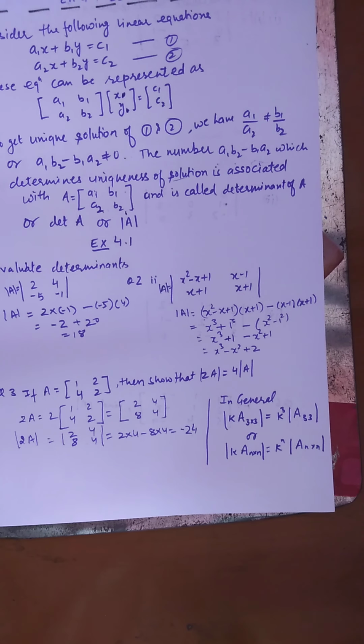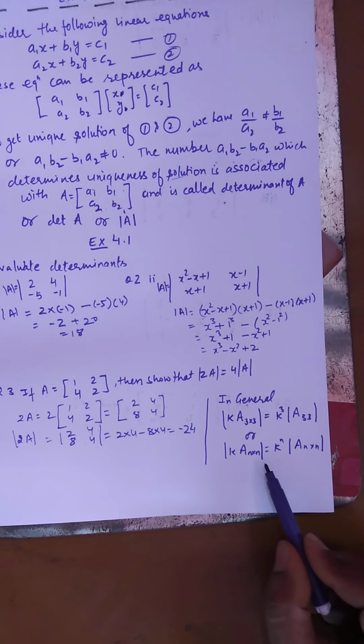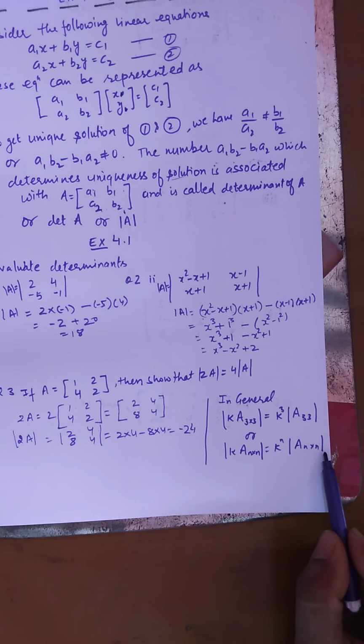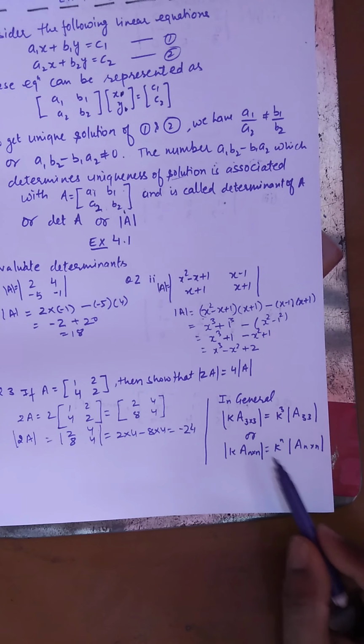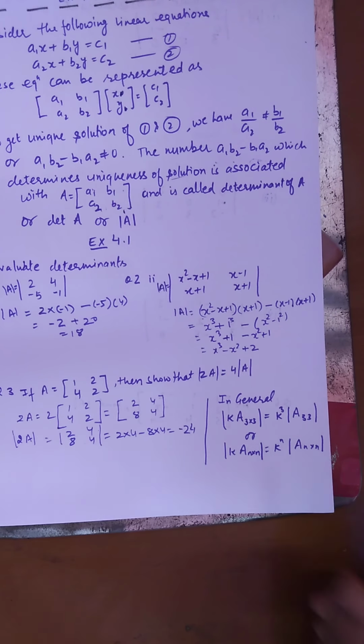We are not going to discuss any 2 cross 3 or 3 cross 2, anything other than square matrices. This is an important result, may be asked for 1 mark. In many exams it has already been asked, so take care of this.